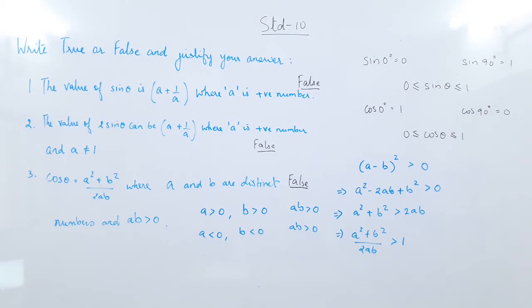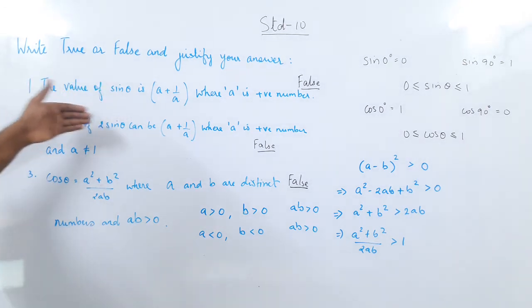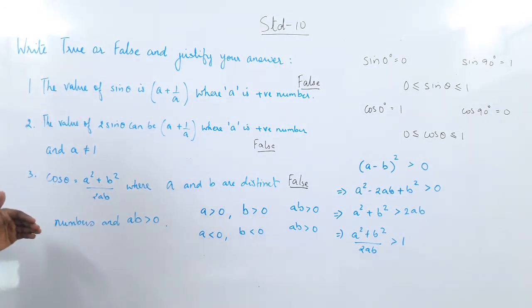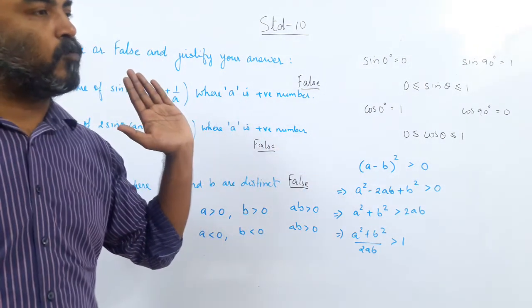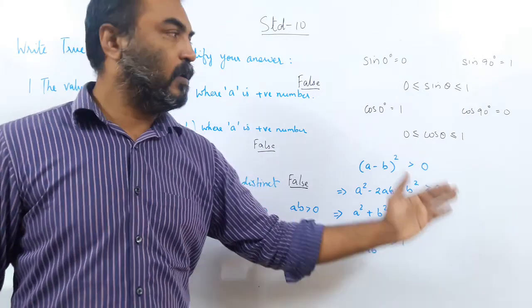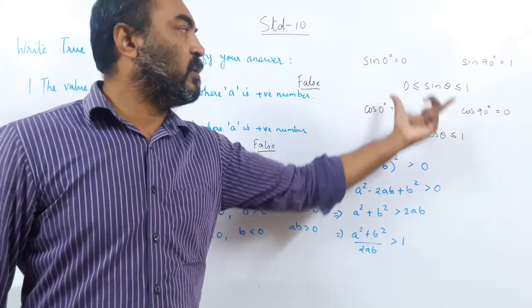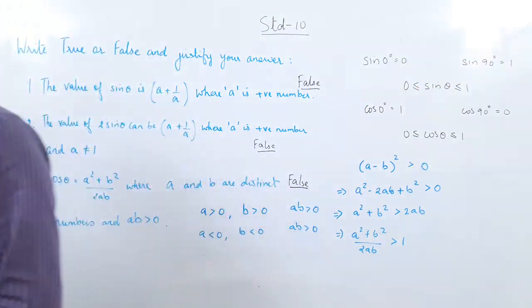These sums are mostly based on sin theta, 2 sin theta or cos theta. They are not asking tan theta and sec theta. Why? Because tan theta, sec theta, cosec theta go from 0 to infinity. But sin theta and cos theta lie between 0 and 1.